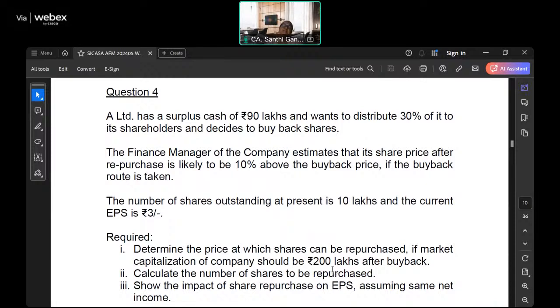You know that market price is a function of earnings per share and price earning ratio. So if the earnings per share increases, the market price will increase. That is the idea. You can try this and we'll discuss.